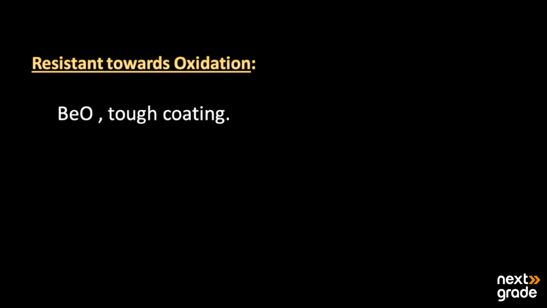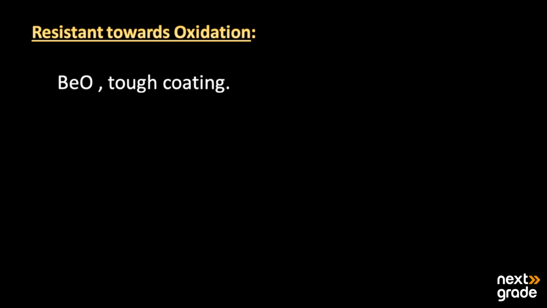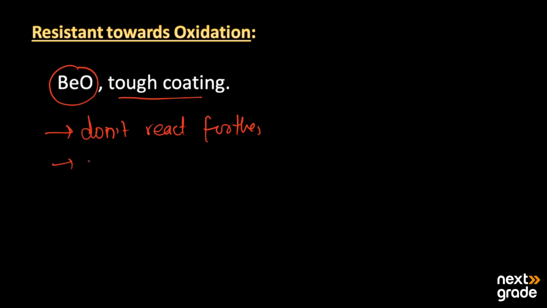Then we have resistance towards oxidation. As we have seen, beryllium oxide is a very tough coating that forms over the surface of beryllium when it reacts with oxygen. So that's why it does not react further. So it becomes least reactive towards it.